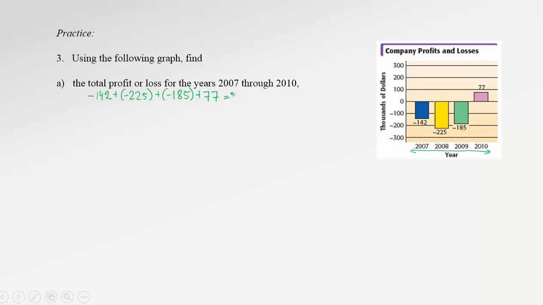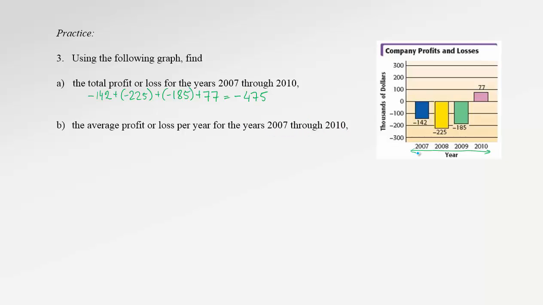So let's use a calculator. This turns out to be -475, which means that over those 4 years, the company lost $475,000.